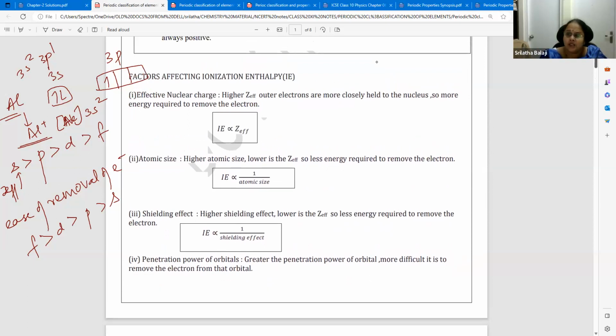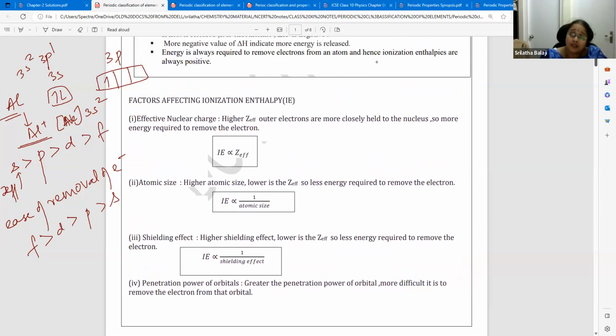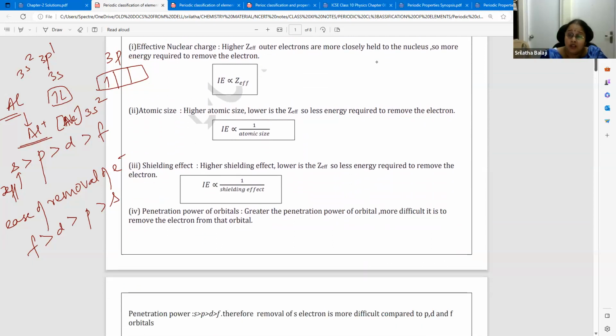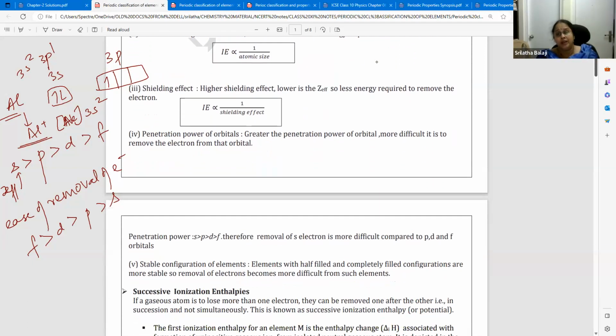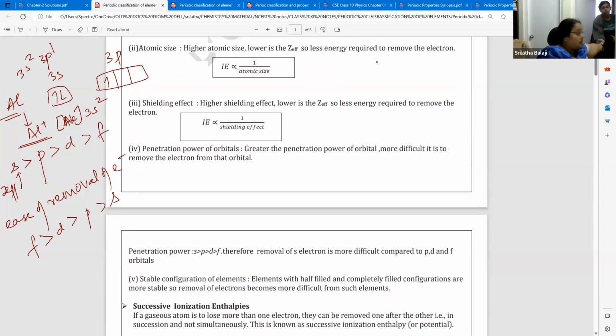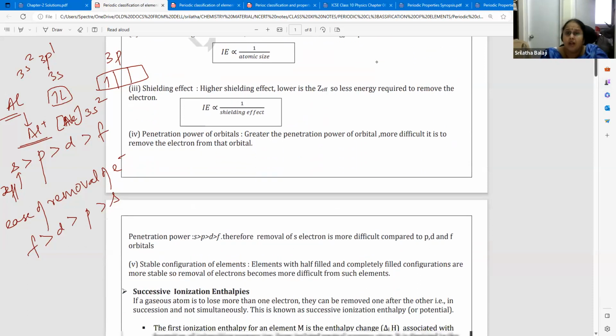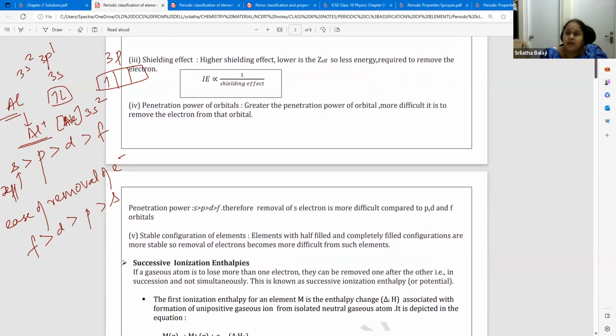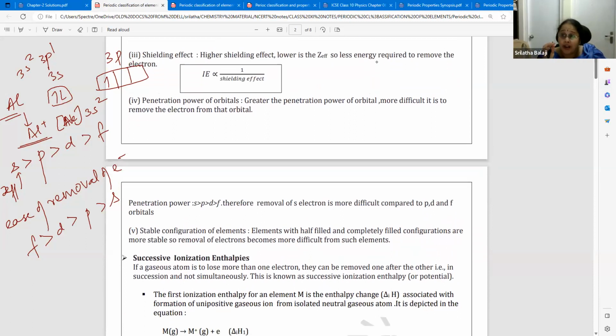Then atomic size is more, ionization enthalpy is low. Shielding effect is more, ionization enthalpy is low. More penetration power, ionization enthalpy is high. Means orbital with more penetration power cannot lose electron easily. Lastly, stable configurations, half filled and completely filled configurations will be more stable, so electron cannot be lost as easily as it seems to be.